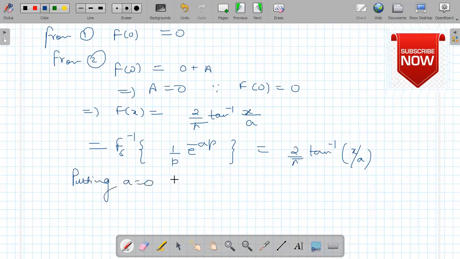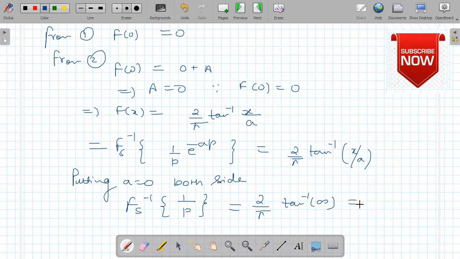Putting a is equal to 0 on both sides, we will get Fourier sine inverse of 1 upon p is equal to 2 upon pi tan inverse infinity. So it is 2 upon pi into pi by 2, which is equal to 1.